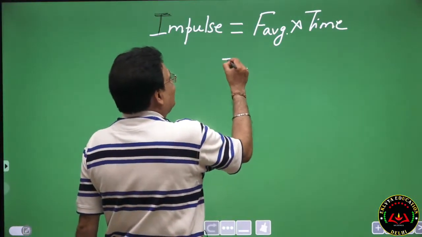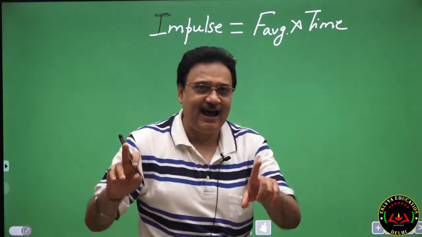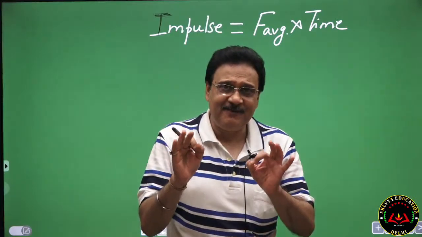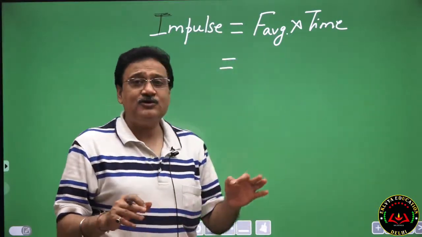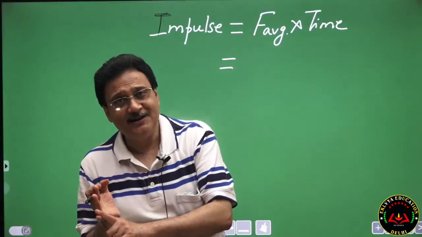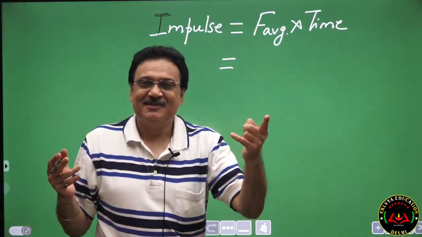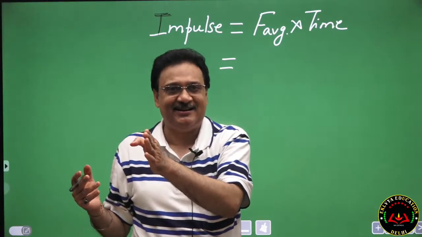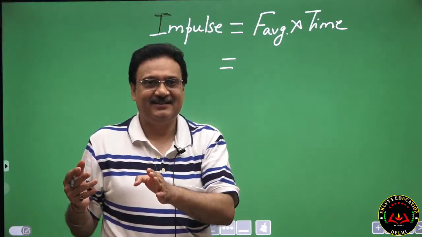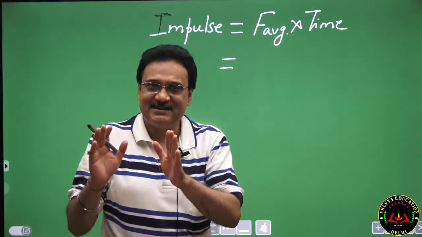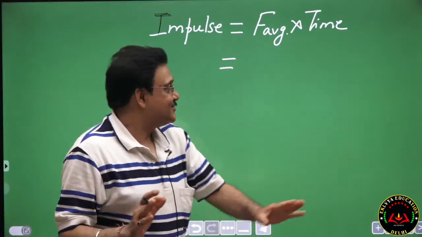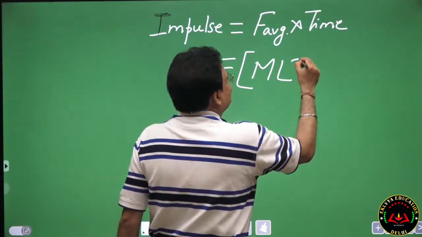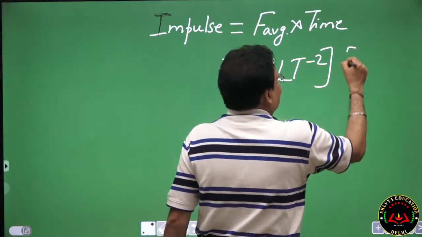So what is average force or force? देखो, everything that force, either वो average हो या वो single हो, because force will be force only. Yes, M L t to the power minus 2, great. ठीक है? So this is force, it's M L t to the power minus 2 into t.